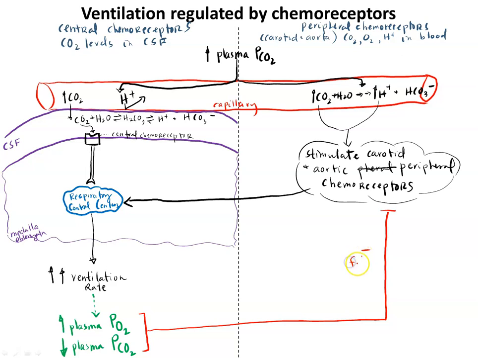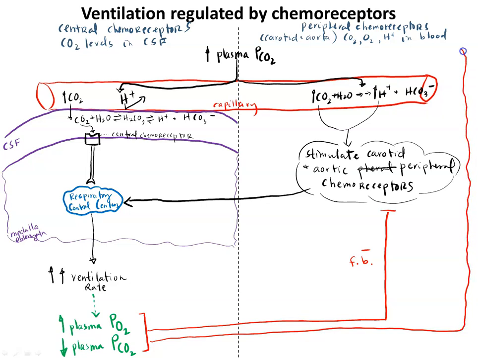This is negative feedback. And I'm also going to shut down the initial source of this rise in partial pressure of carbon dioxide, so that I decrease all of the carbon dioxide coming into the central nervous system as well. Okay, that is how we regulate via chemoreceptors.